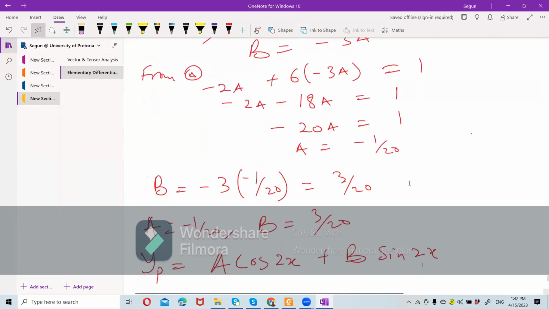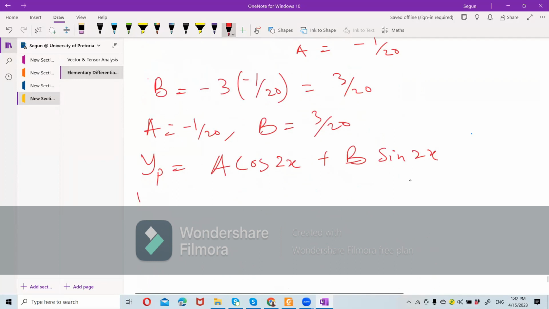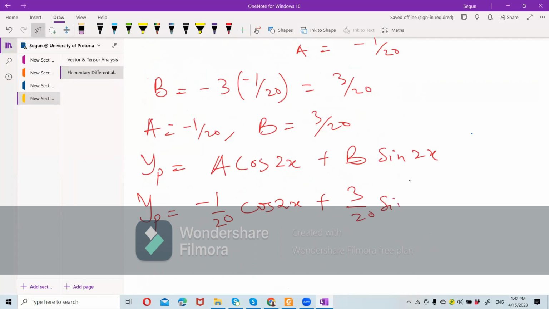So you know your A and B. Substitute it. YP will be minus 1 over 20 cos 2x plus 3 over 20 sine 2x. So our Y will be YC plus YP.